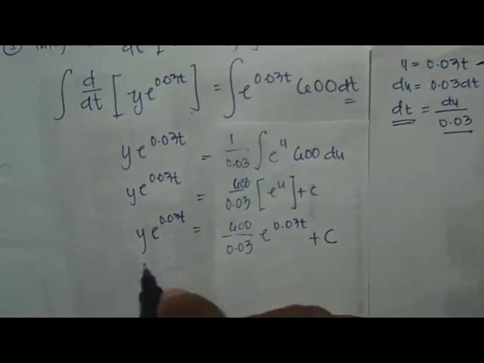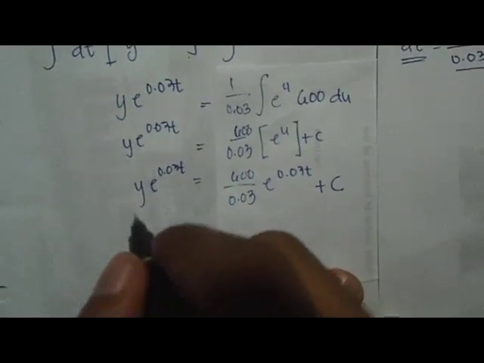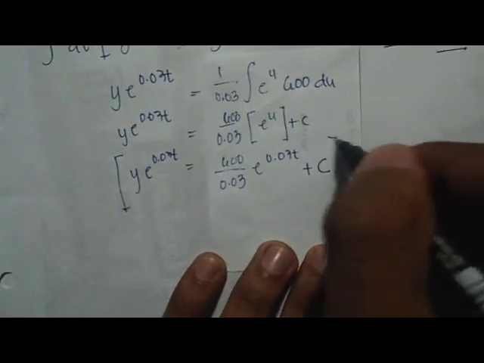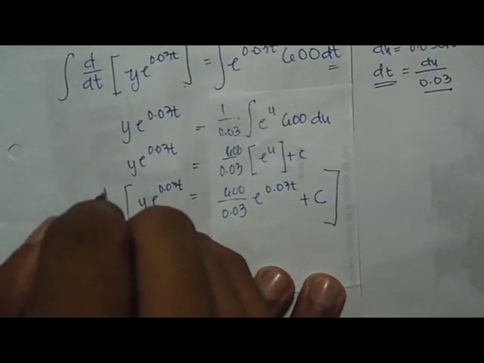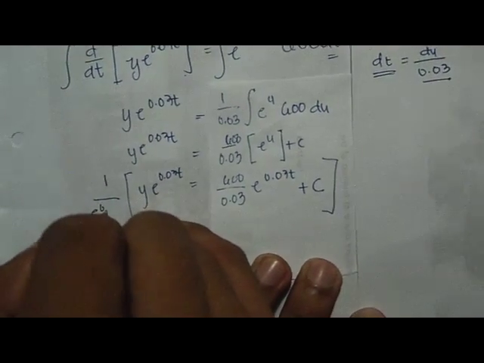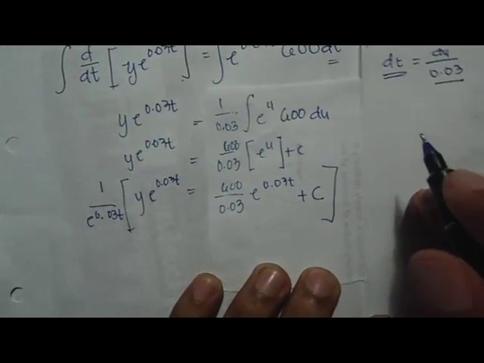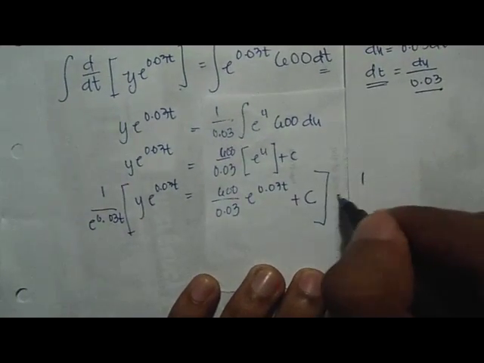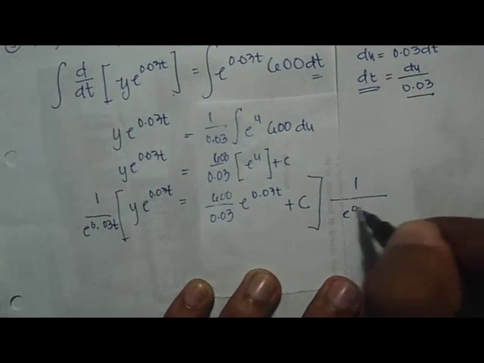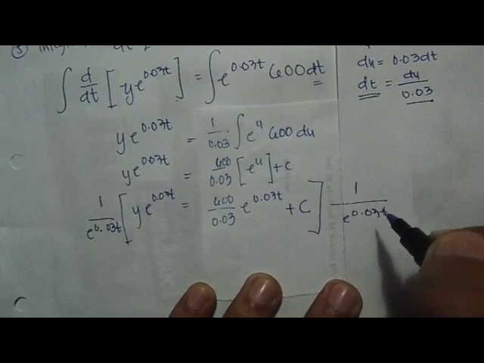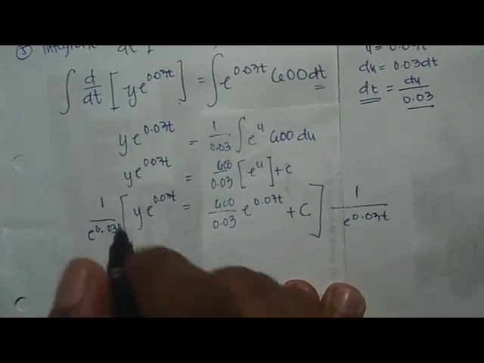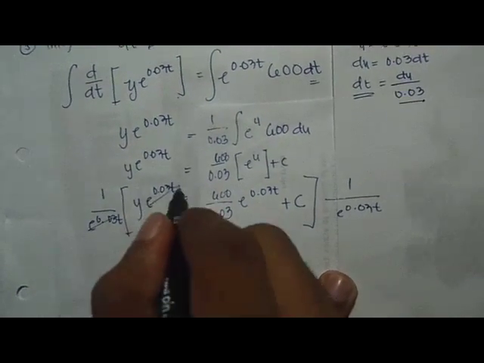So now we need to rewrite it in terms of y. In this case, we need to multiply both sides by 1 over e to 0.03t. The same is true here, 1 over e to 0.03t, to maintain the equality of our equation. In this case, it cancels.